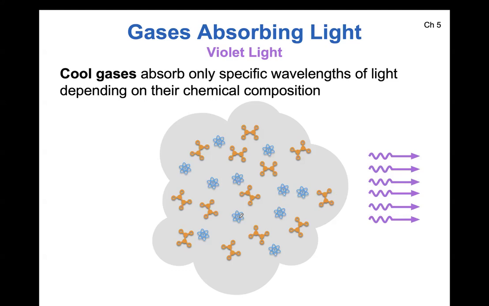The technical term would be none of the excitation levels of the molecules or atoms match the energy carried by the violet light. The violet light carries a very particular amount of energy, which is directly related to its frequency. As we said, only atoms or molecules that can absorb that exact amount of energy will respond to that type of light.